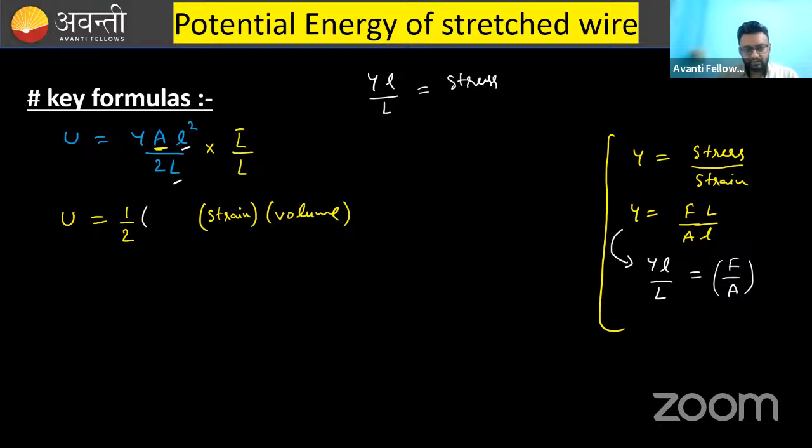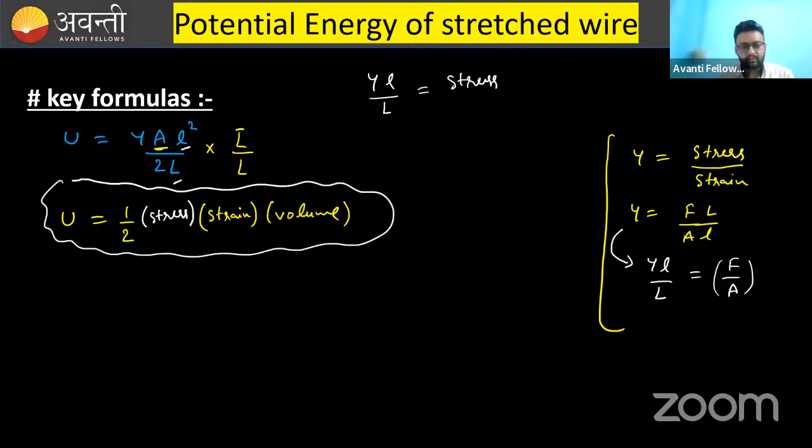So, sorry, U is what? Half into stress into strain into volume. This is the most golden form for the potential energy, the most fundamental and most basic form. If you remember, this relation can be remembered quite easily as compared to the previous one.